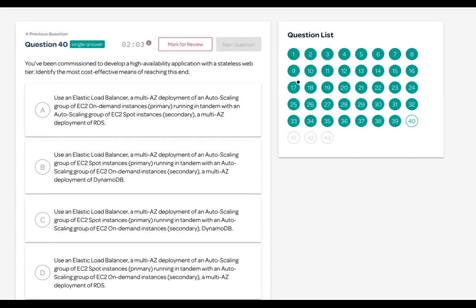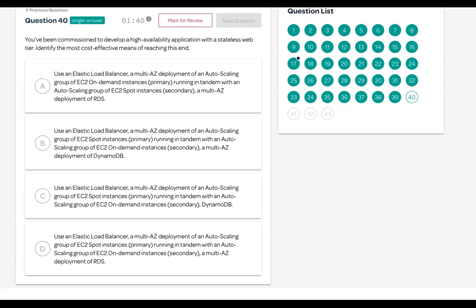You have been commissioned to develop a high availability application with a stateless web tier. Identify the most cost-effective means of reaching this end. So, high availability application with stateless web tier, I would always go with DynamoDB.